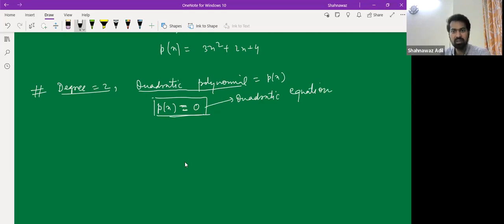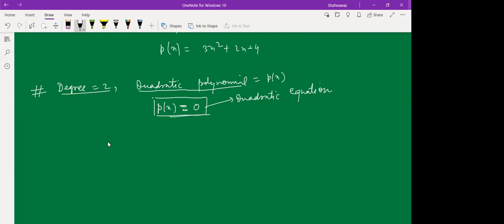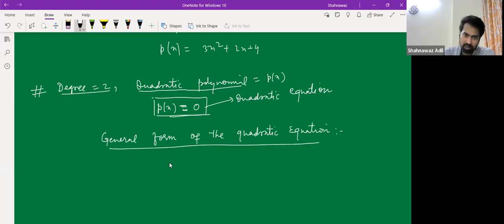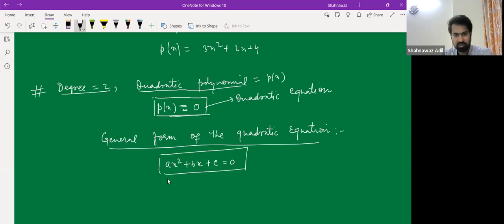And we have a general form of the quadratic equation, right? It is represented by ax square plus bx plus c equals 0, where a, b, c are the coefficients and the constant.